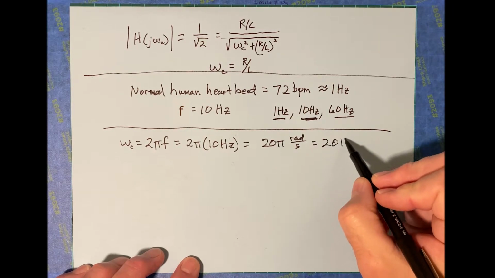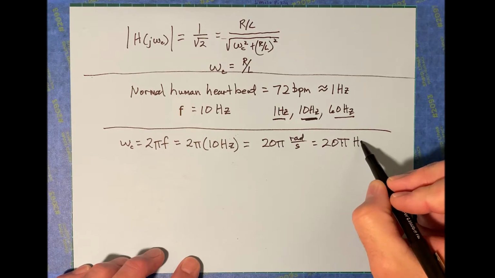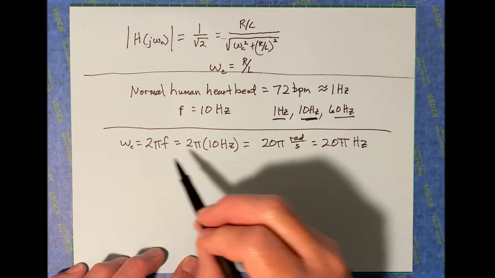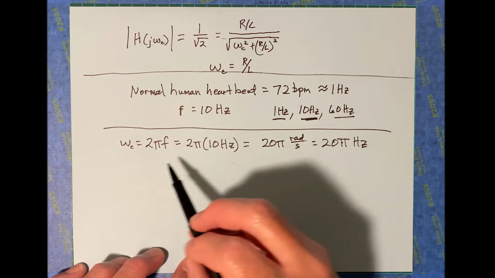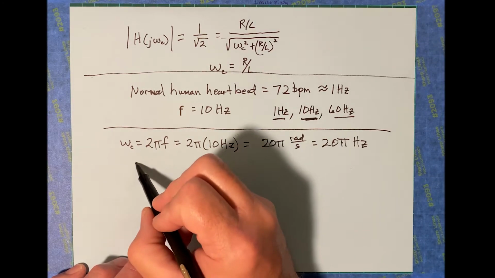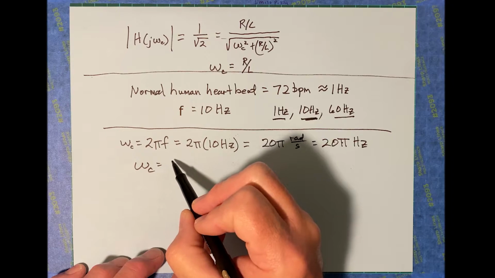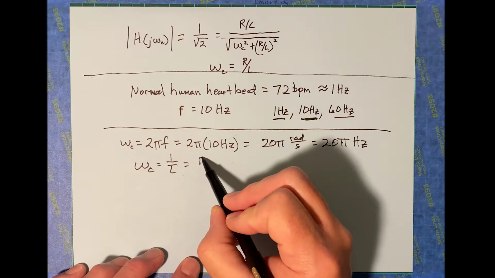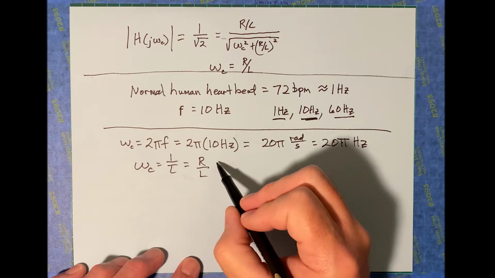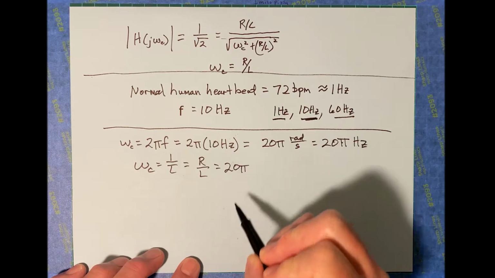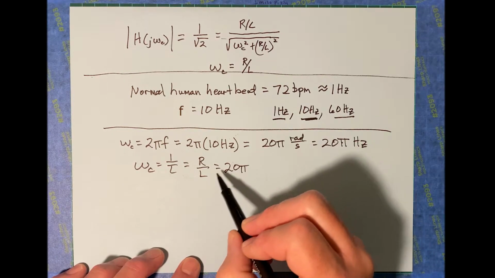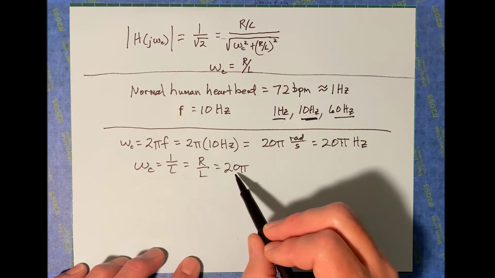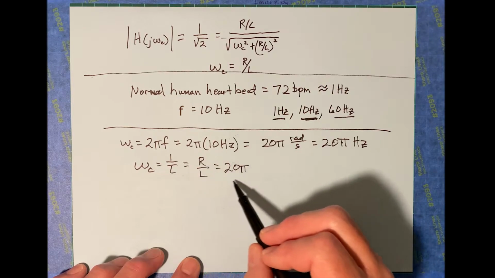That's what our cutoff frequency is going to be, and this is angular frequency. So omega sub c is 1 over tau, and since we're talking about an RL circuit, this is R over L, and that needs to equal 20 pi. Now, there are an infinite number of possible combinations of R and L that can make this a true statement.